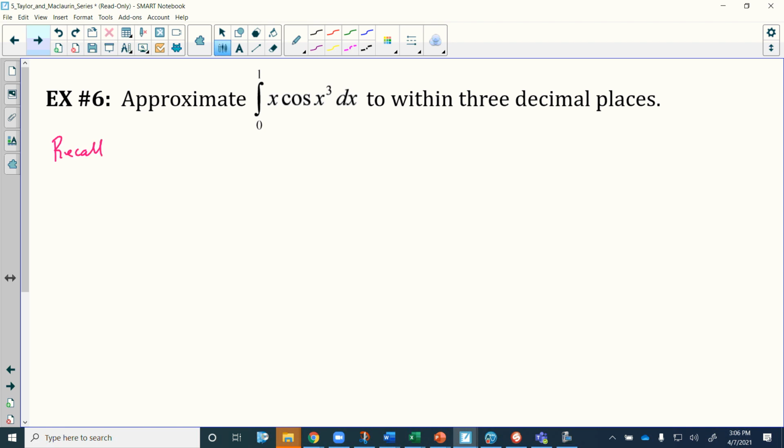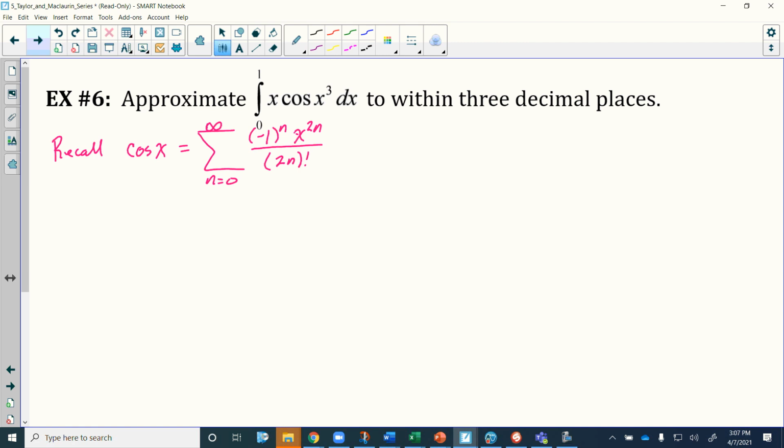Recall, in this case, the cosine of x for a Maclaurin series is going to be equal to the sum from n equals 0 to infinity of, and it's alternating, -1 to the power of n times x to the 2n power, and all of it is divided by 2n factorial.